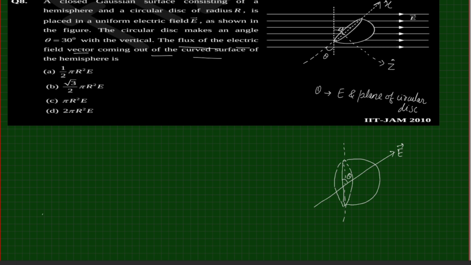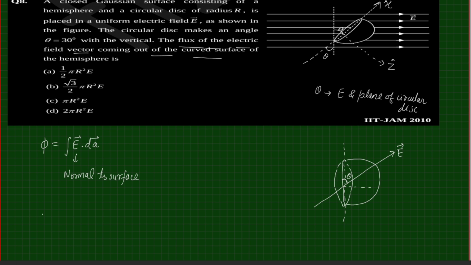So according to Gauss theorem, flux is given by E dot dA. This electric field should be the normal component, normal to the surface, but here it is having some angle theta, so we have to take its normal component.